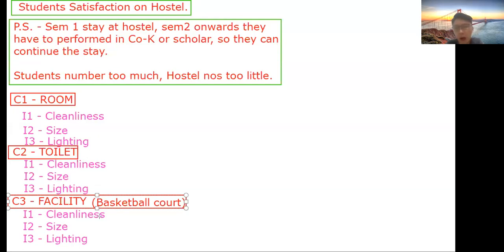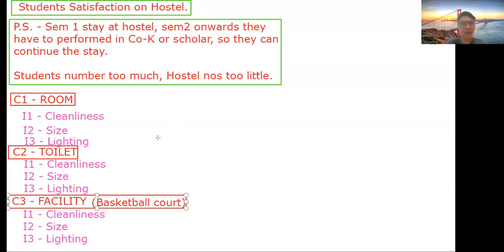May I know how many constructs we have here? Can you type your answer into the group chat? How many groupings do we have here? Yes, good. We got 3 constructs. So everyone learned new terms: item, construct. Let's proceed.